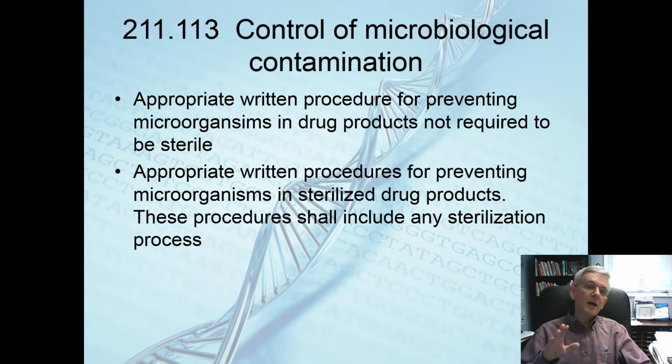Control of microbiological contamination, when appropriate: written procedures for preventing microcontamination in the products shall be put in place. Make sure you have that understood. Appropriate written procedures for preventing any microcontamination in sterilized drug products. These procedures shall include any sterilization processes.